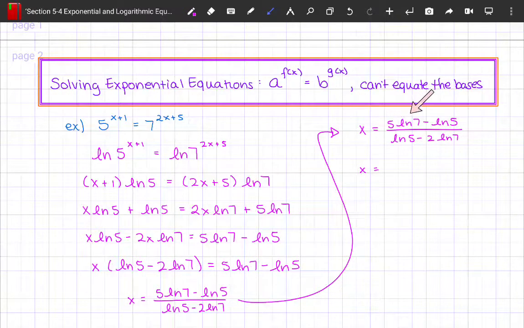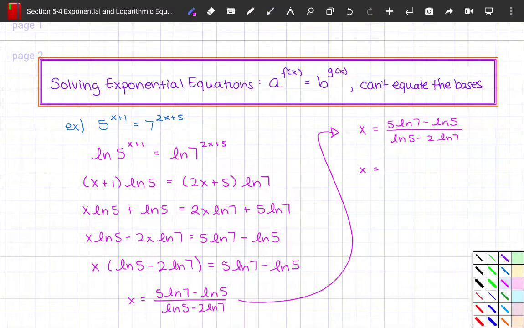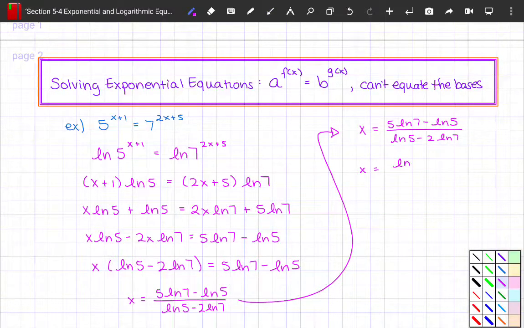We can move this 5 out onto the 7 and make it 7 to the power of 5. We also have subtraction between two logs with the same base, so we can condense them using division. And we can do something very similar to the bottom. So it's going to be natural log of 7 to the 5th over 5 over the natural log of 5 over 7 squared.